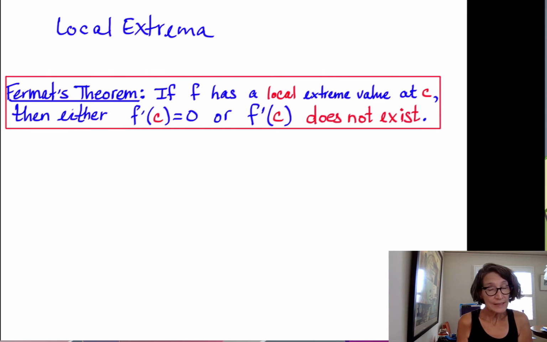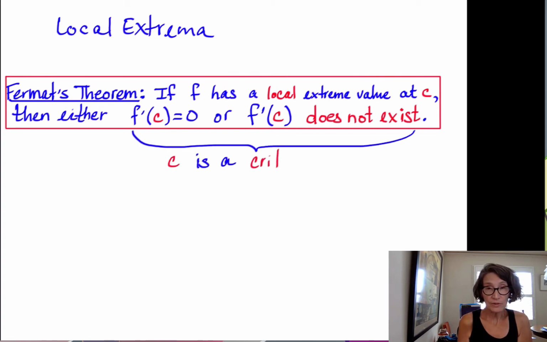So this number c is a candidate. It's possible that it could turn out to be a turning around point. It might not be, though. Not always do these numbers turn out to be turning around points. But these are the only places where we could have a turning around point. So we call them critical numbers. So this number c in Fermat's theorem is called a critical number for the function f, or sometimes we just call them critical points.